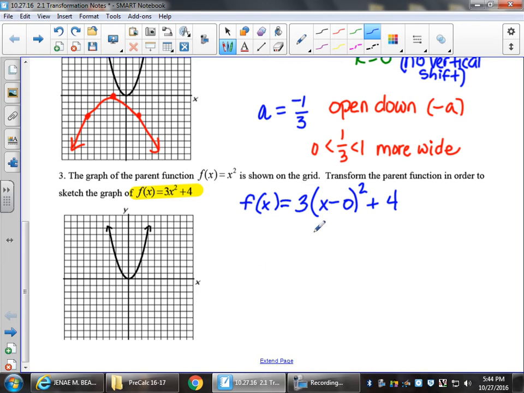Because now that I see this form, I know that my vertex is at 0, 4. And now I also know that h equals 0 and k equals 4. And I can use this information to determine my shifts.